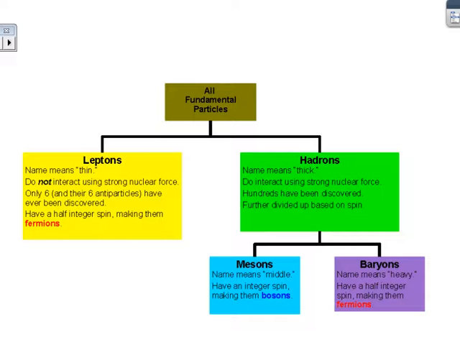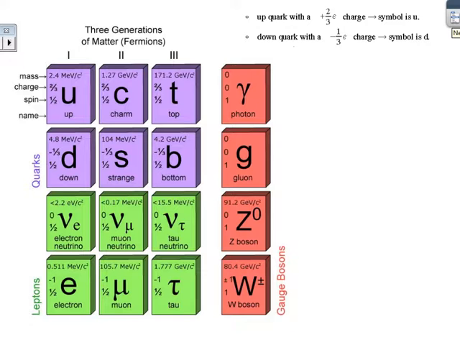Maybe these are made up of smaller particles. And that is where this standard model came about, where we can actually determine and we can produce a lot of these hadrons using just 6 quarks. So these quarks are actually the bits that make up protons and neutrons.